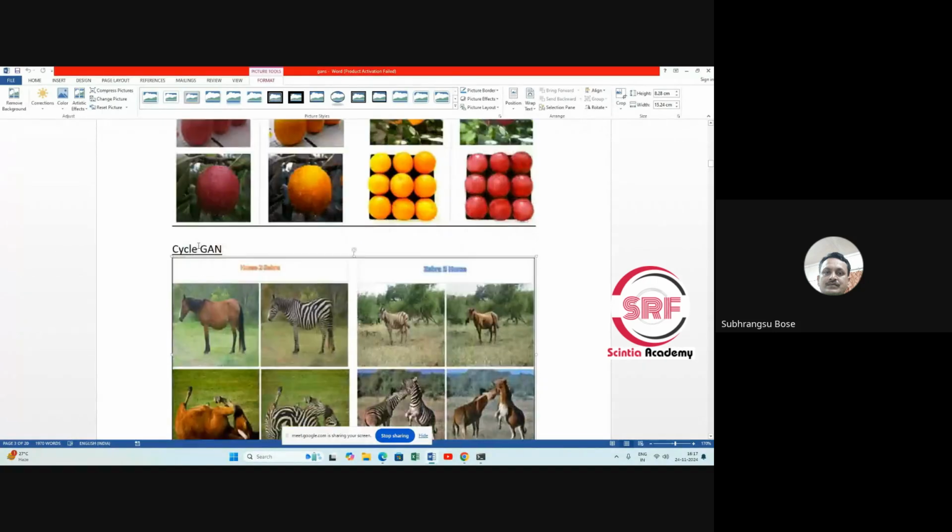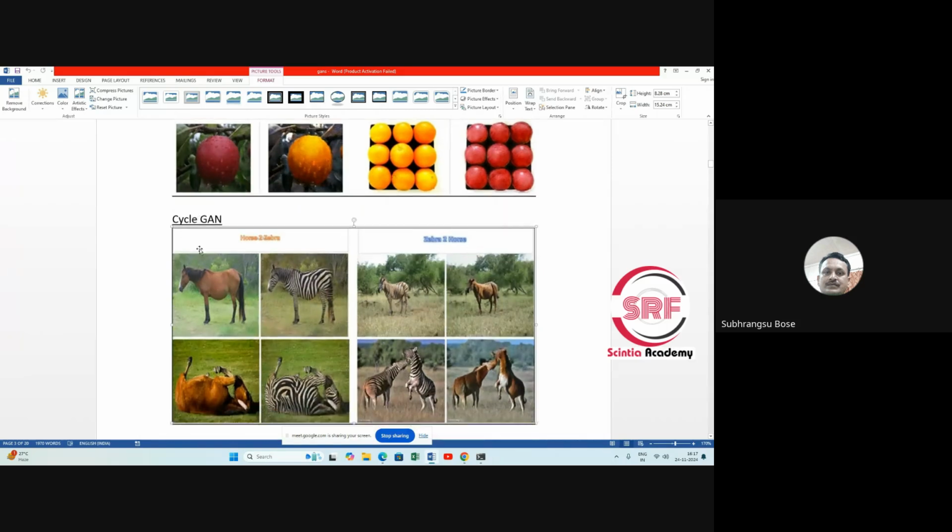The CycleGAN is another type of GAN. Here, we mainly used the convolution neural network, but there is some difference in the CNN model. There are two types of CNN model formed: one upsampling and one downsampling.